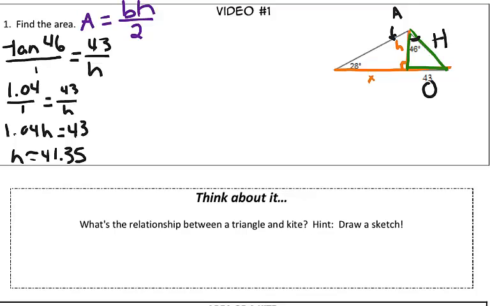So we have our height, but we still need our base. So now we're going to take a look at this other triangle here. This other triangle I'm going to highlight in blue. Okay. So we now have this right triangle, and we have 28 as a reference angle. So we're going to use trig again to solve for our missing side length.